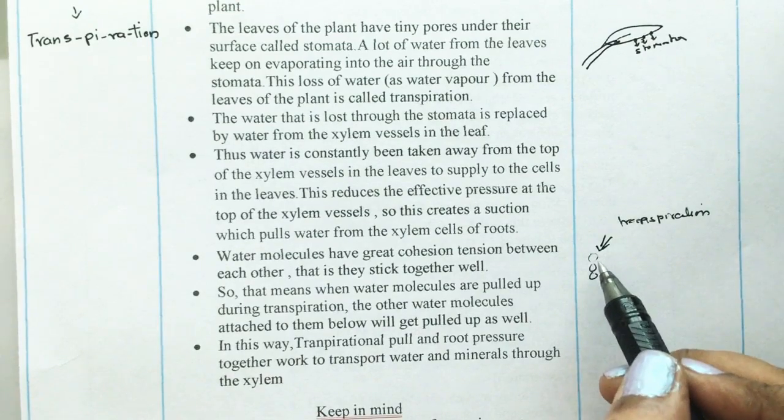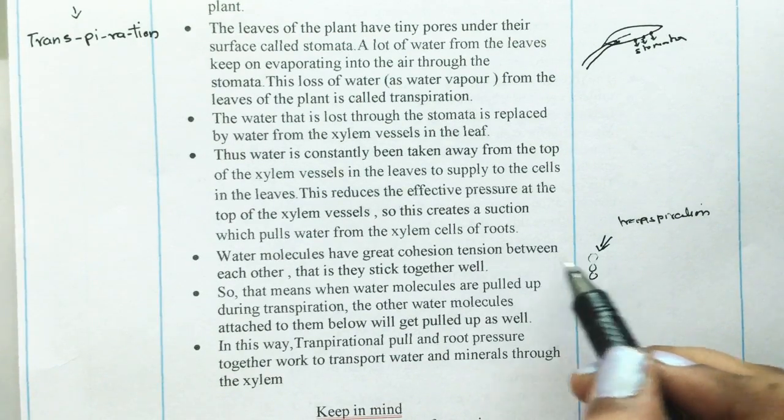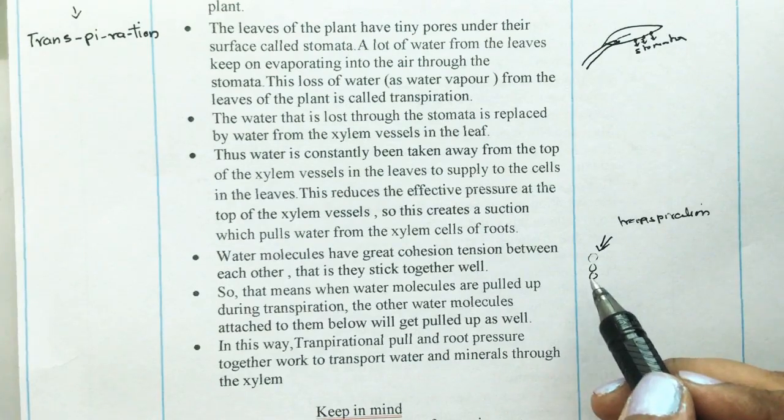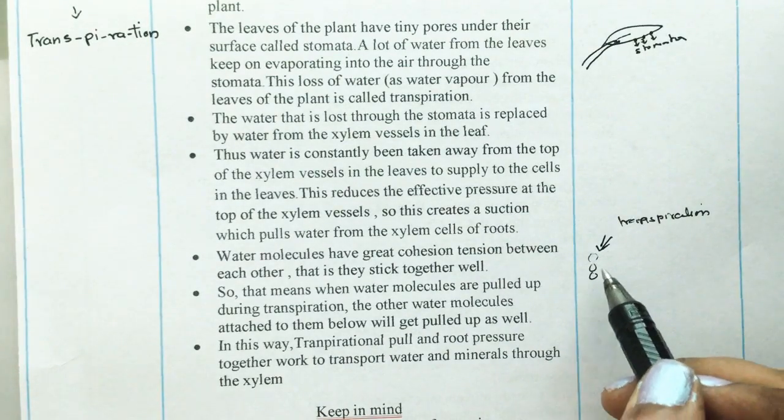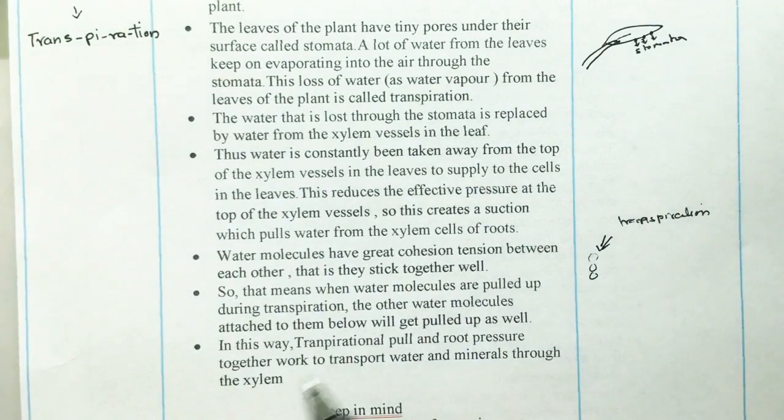Since the water molecules have great cohesion tension, the other water molecules also get attached to them and it gets pulled as well. In this way, transpirational pull and root pressure together work to transport water and minerals through the xylem.